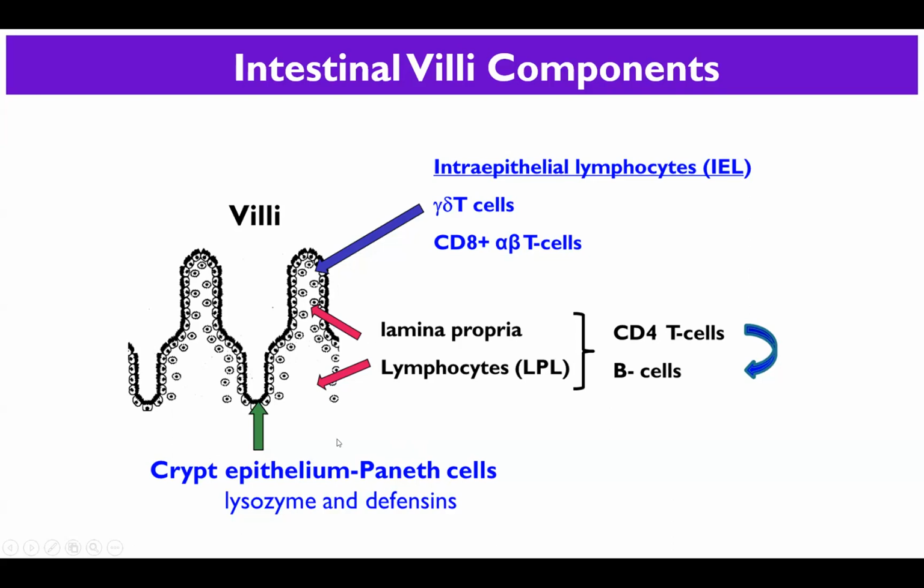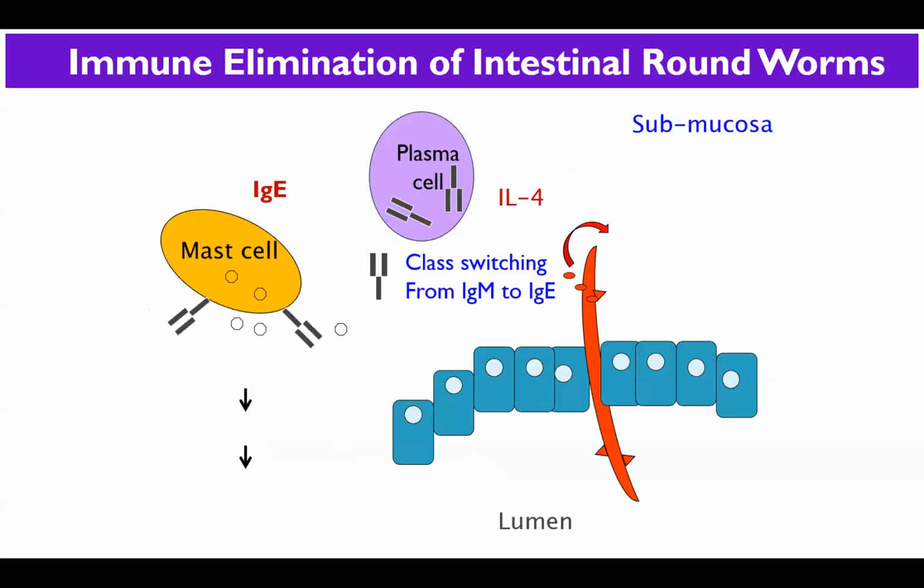And this slide here is actually going to give you an overview of events that happen here in the face of infection by intestinal worms. Because all those T cells, B cells, they play a role, but they play different parts of the role, and you're going to see how all this comes together.